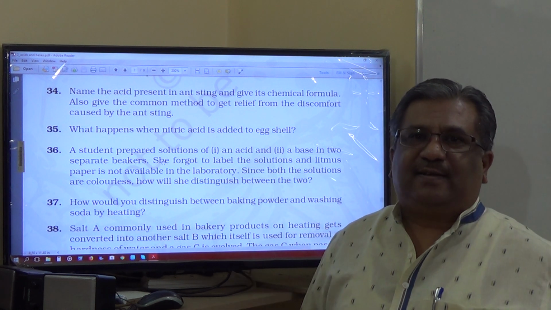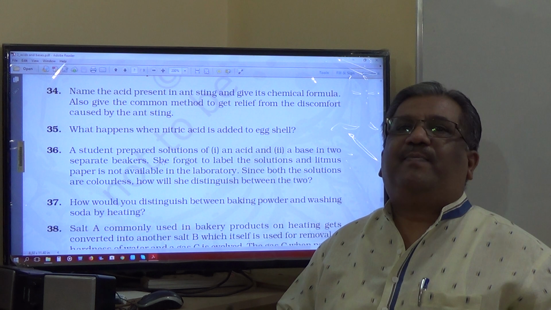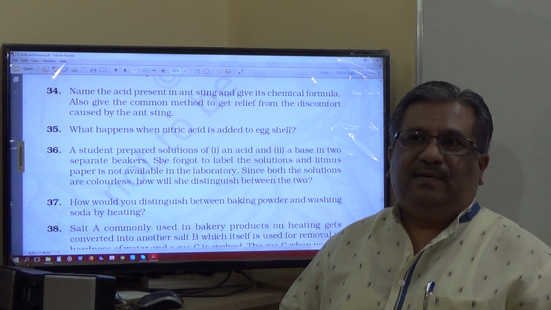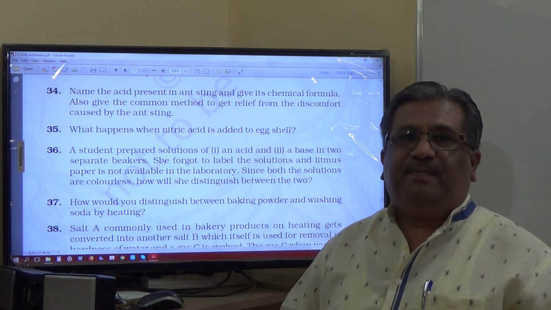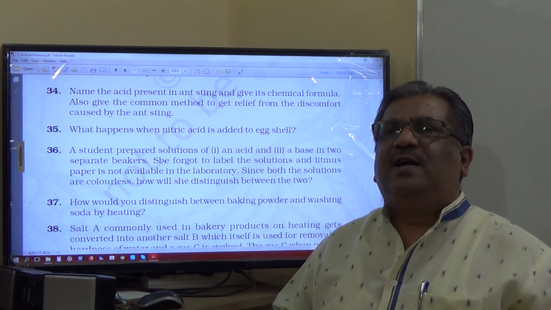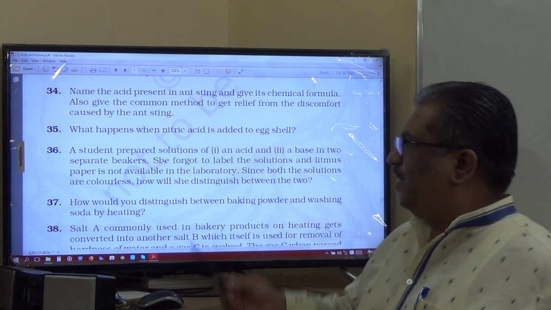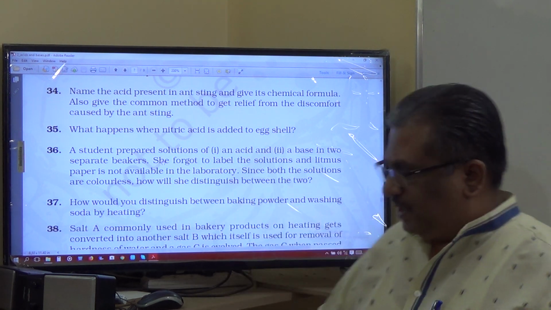All these are indicators. Or use some colored petals, China rose petals, petunia, geranium, etc. You can use so many other indicators. Litmus paper is not the only requirement. So that is the answer for that.